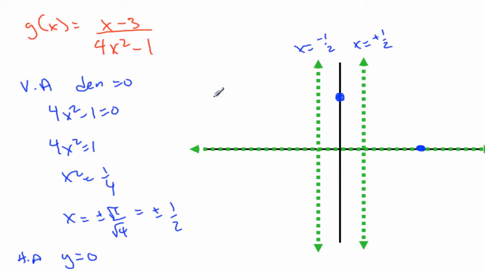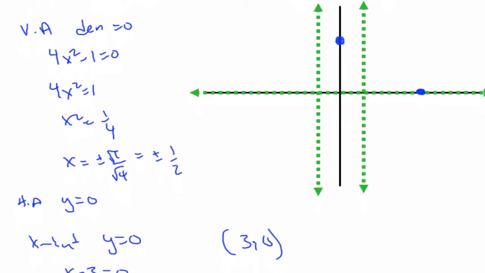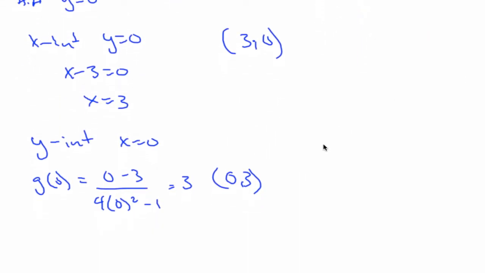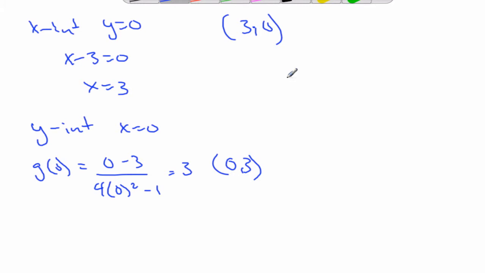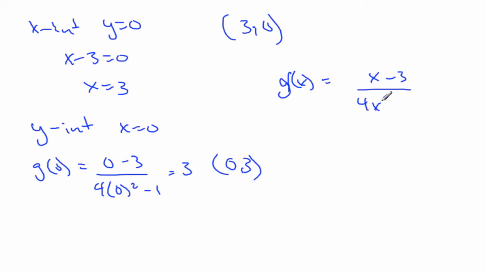When I look at this, these asymptotes have broken my graph into 3 different regions. If I look at this region here first, it has to be either above or below. And so what I'm going to do is make a sign chart for this scenario. I'm going to take my function, g of x, which is x minus 3 over 4x squared minus 1.